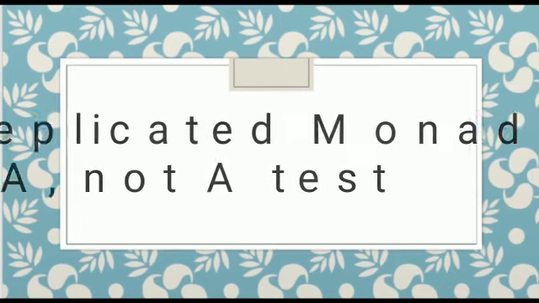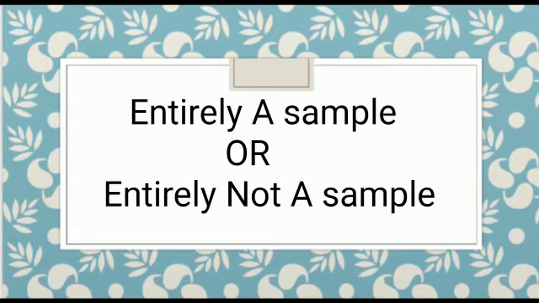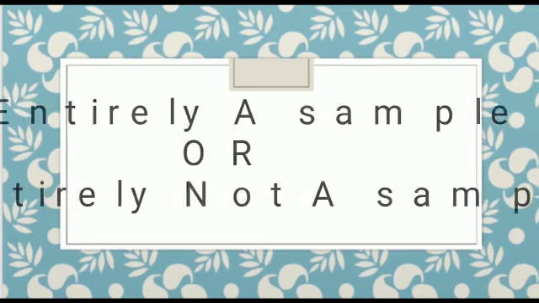Then comes the replicated monadic A not A test. In this test, after tasting those samples, the panel members will be given another set of samples. Those samples will be either fully A or fully not A. So the panel member should taste the samples and say whether it is fully A or not fully A. Next comes the replicated mixed A not A test.